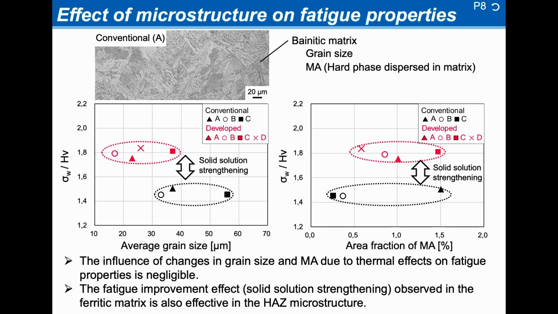These figures show the relationship between fatigue strength normalized by Vickers hardness and the average grain size in bainitic matrix, as well as the area fraction of MA. The influence of change in grain size and the MA due to thermal effect on fatigue properties is negligible.